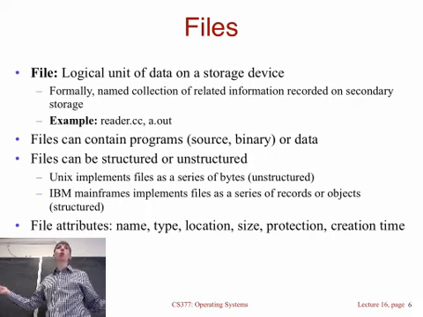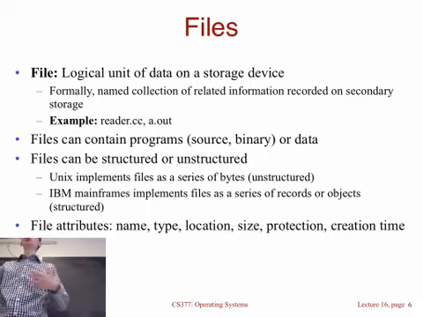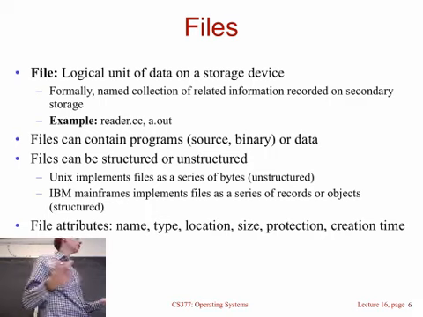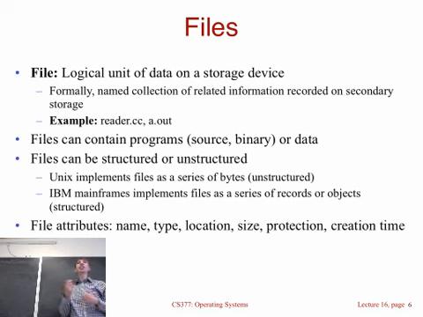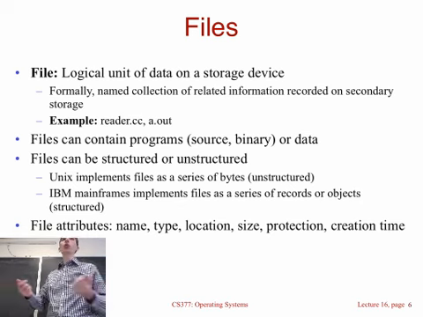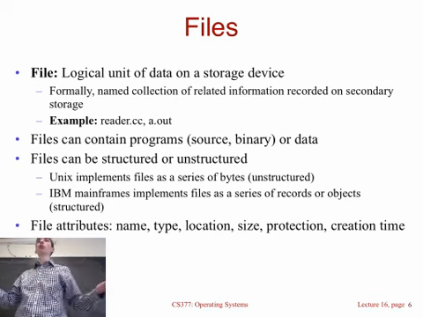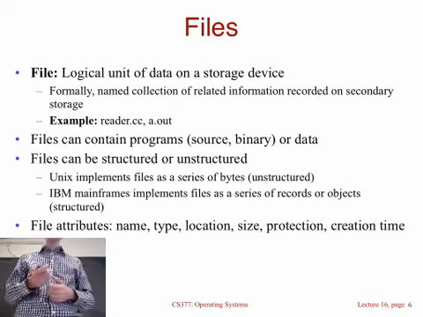It's just arbitrary data, and it's up to a program to take that data and do something with it. Versus a structured approach, where you lay out your files with some imposed organization, like a series of records or objects. There, the OS is taking a more active role in how your files are laid out and what the data actually is.